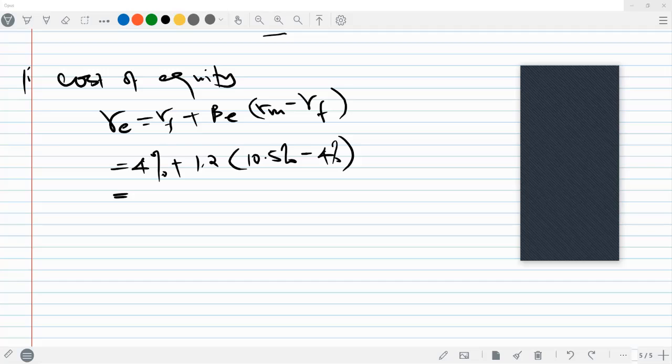Mercy, what do you get? 11.8. 11.8%. Okay, the cost of equity is 11.8%.